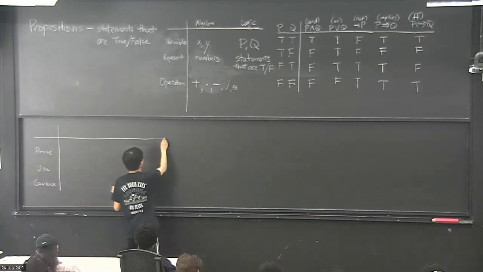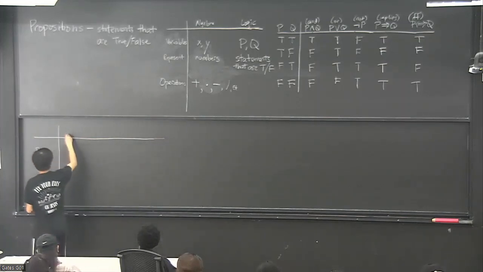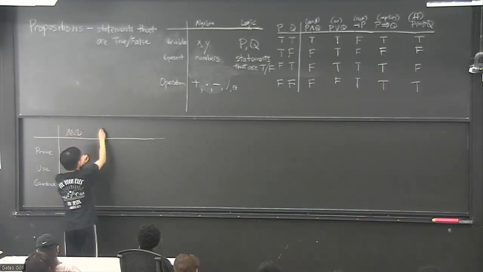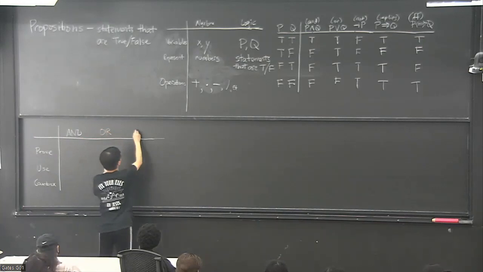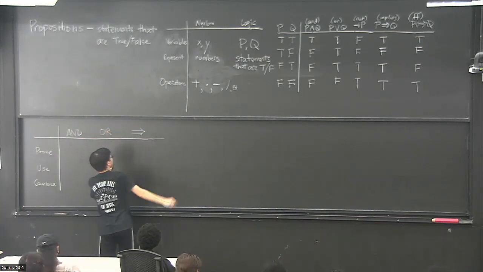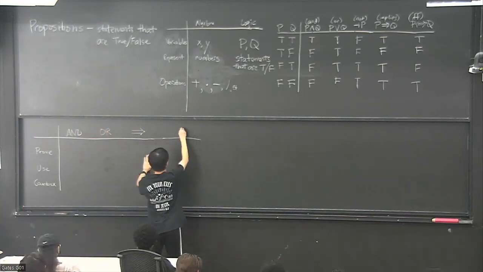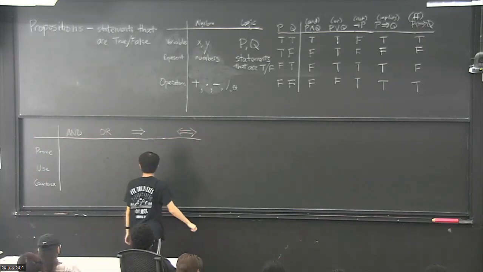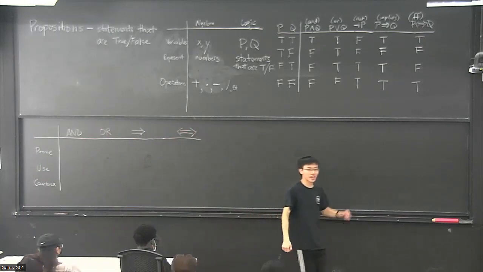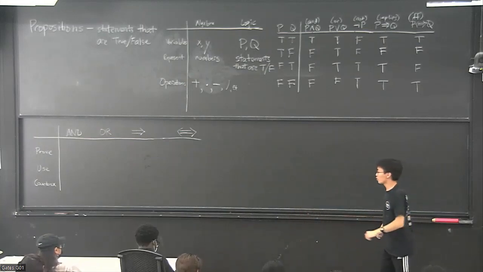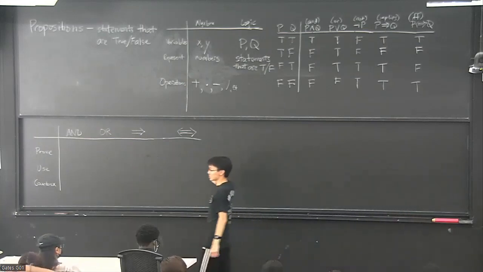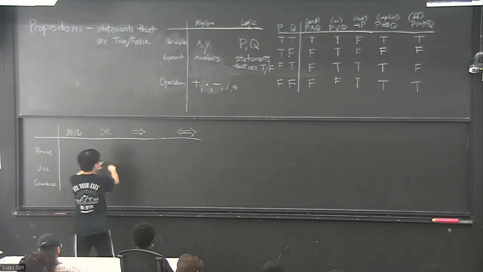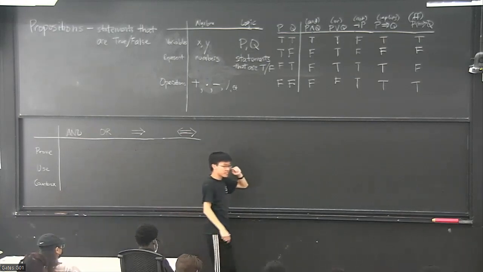And let's say we have an and statement, or, implies, if and only if. What happens when you have these statements and you want to write proofs involving statements that have and, or, implies, or if and only if?